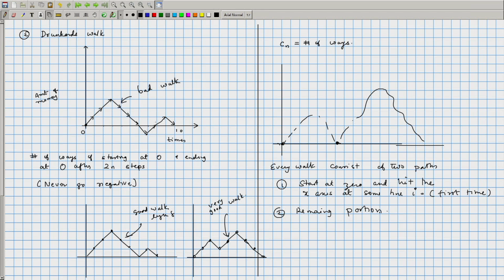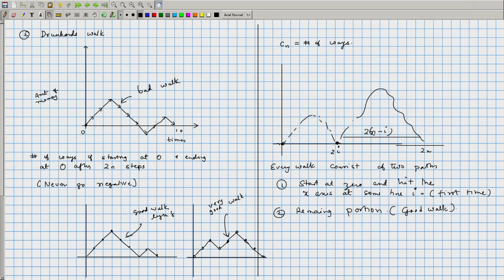Now, the remaining portion has to be exactly the same type of walk, or it just has to be a good walk. What about the first portion? The first portion is also a good walk, but it is a special kind of good walk. In the sense, if you denote by I the time when it first hit the x axis, now any walk of length 2n minus I.